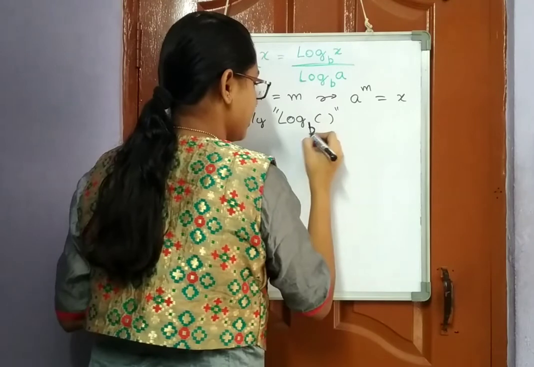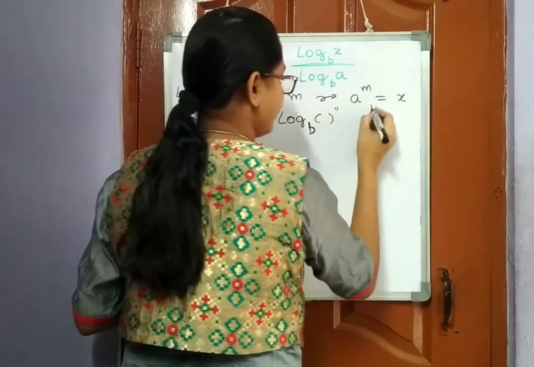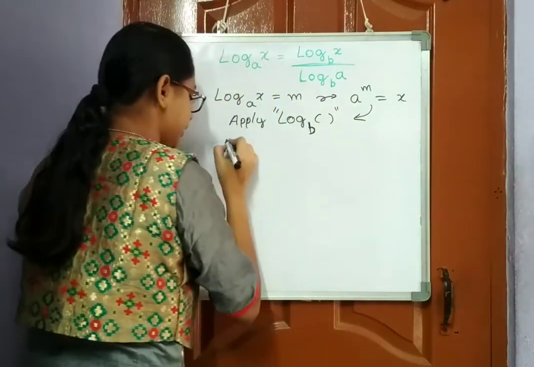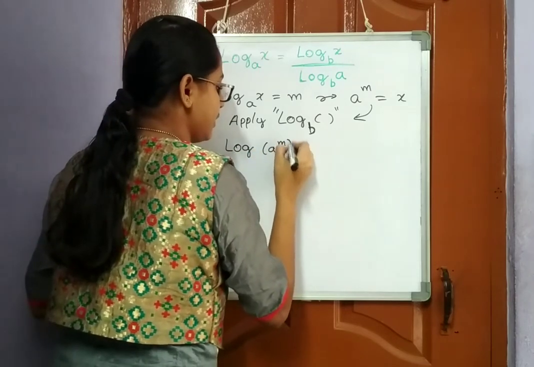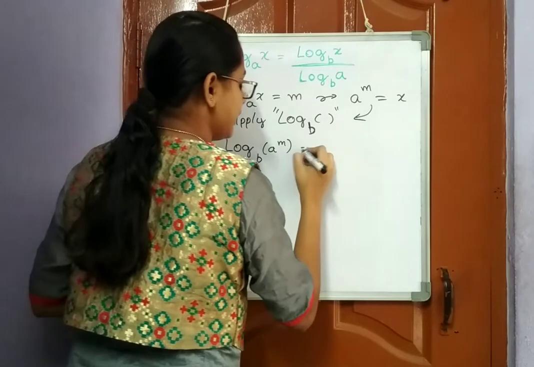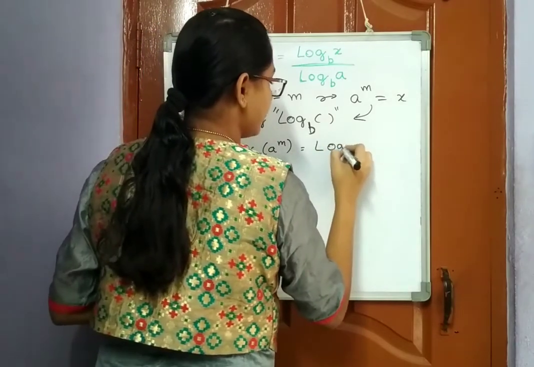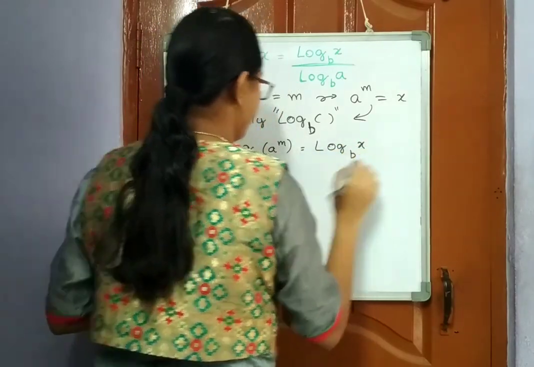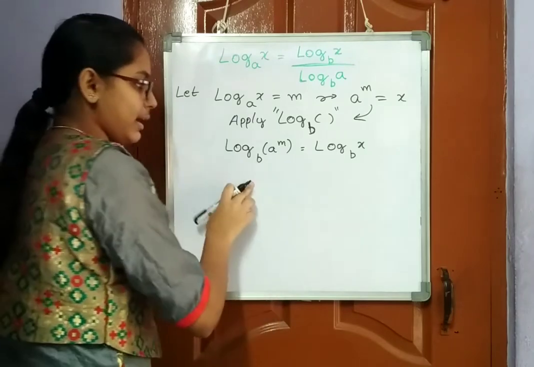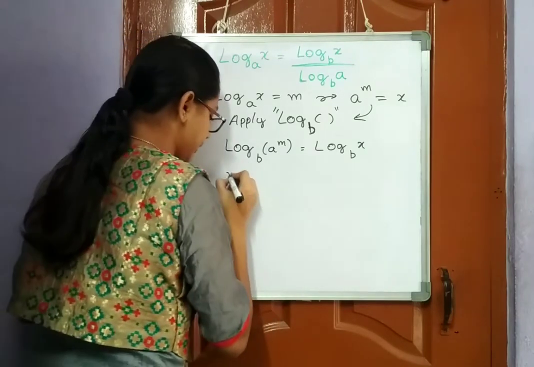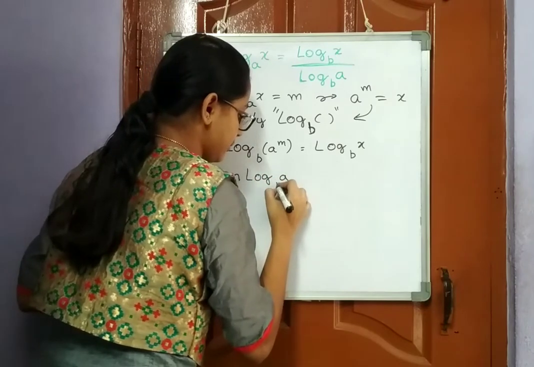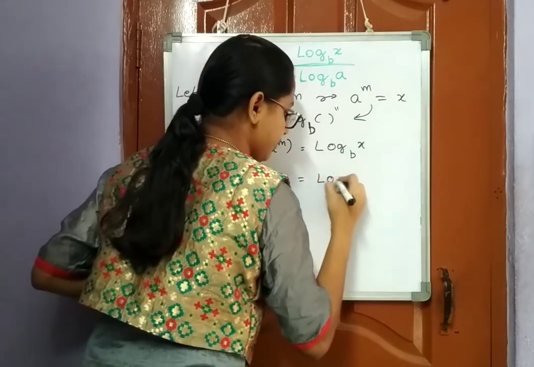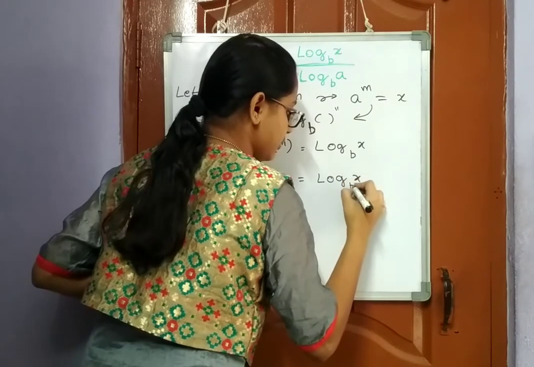Log to the base b for this one. Then we will get log of a to the power of m to the base b equals log x to the base b. So here, applying the power rule, we will get m log a to the base b equals log x to the base b.